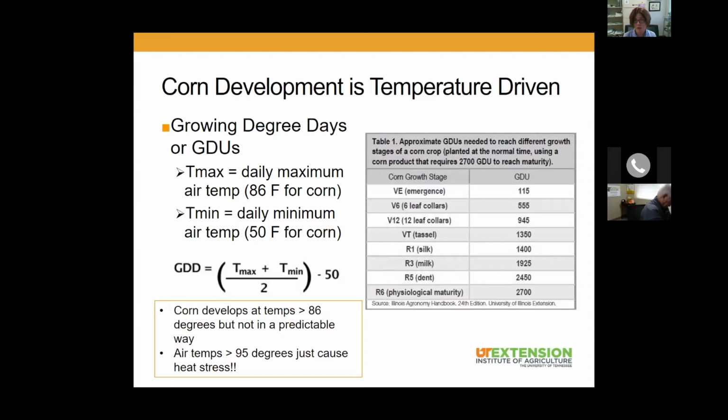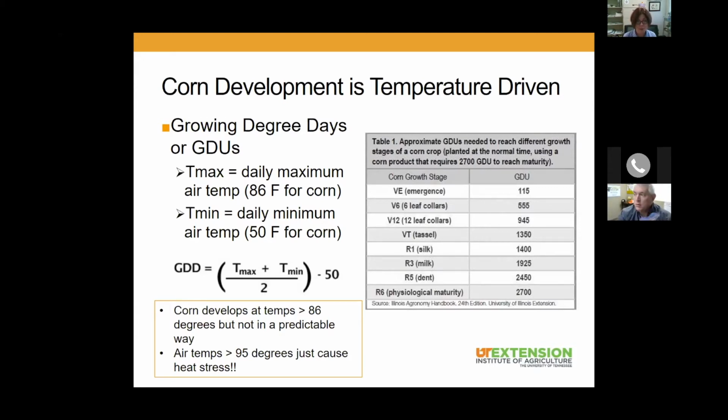And you can see from the chart on the right, for an average hybrid, an average number of heat units, or DD50s, heat unit accumulation basically drives everything from leaf emergence to tassel emergence and the reproductive stages. And then after maturity, even dry down is a heat unit accumulated process.